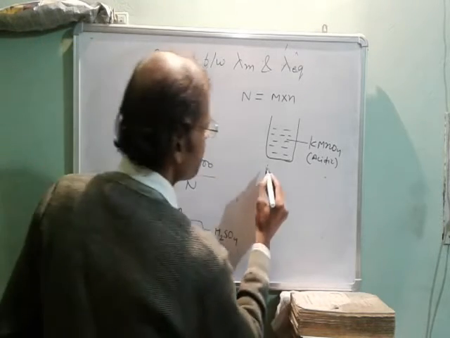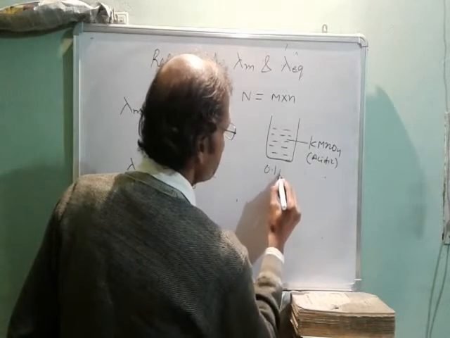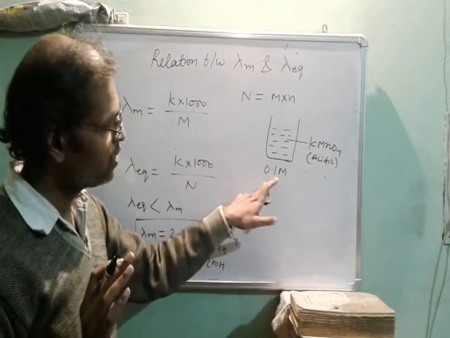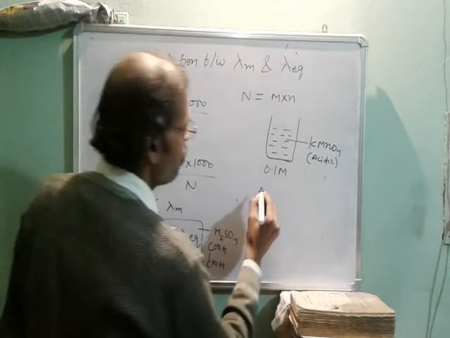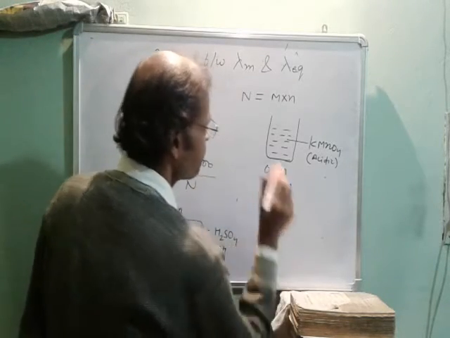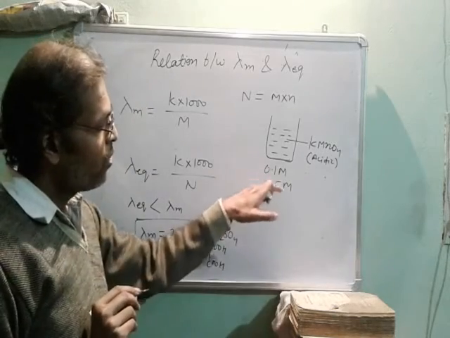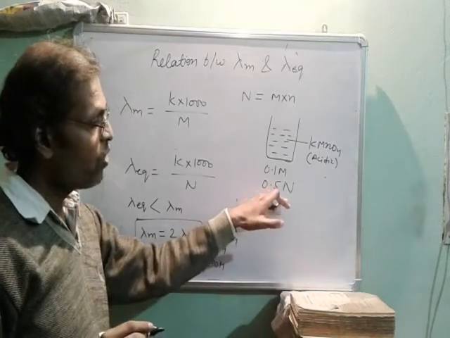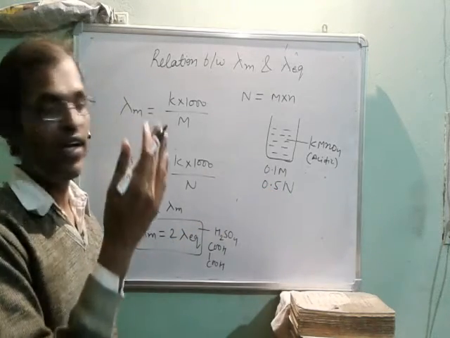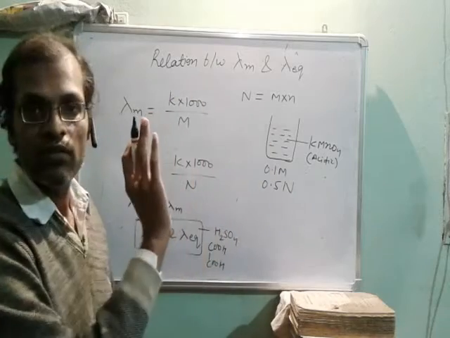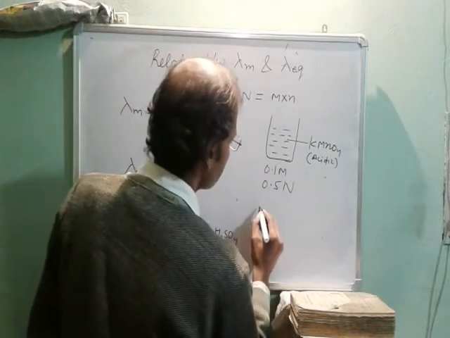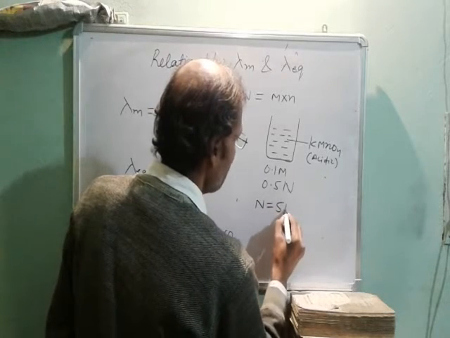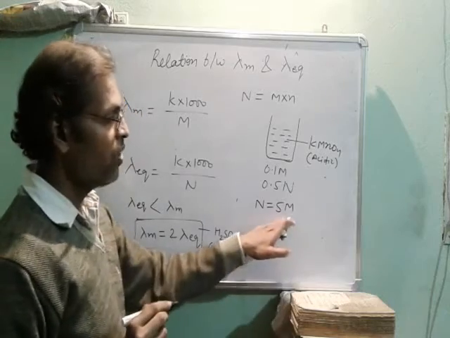So suppose the molarity of this solution is 0.1 M. If the molarity of this solution is 0.1 M, its normality will be 0.5 N, means normality will be 5 times greater than that of molarity.